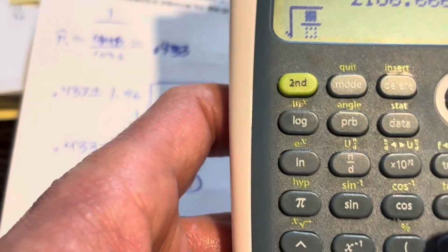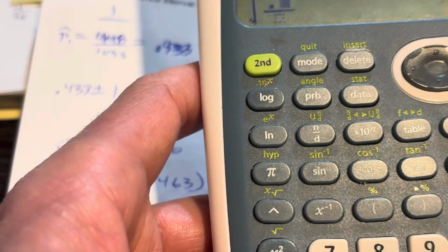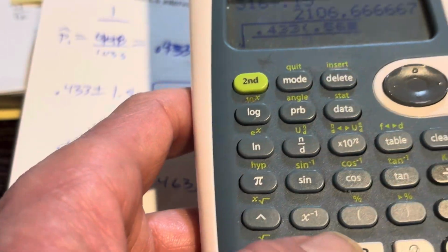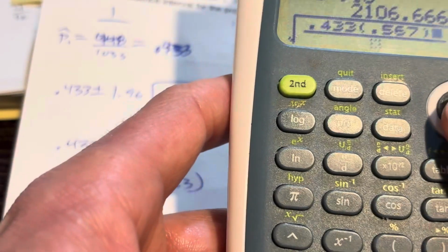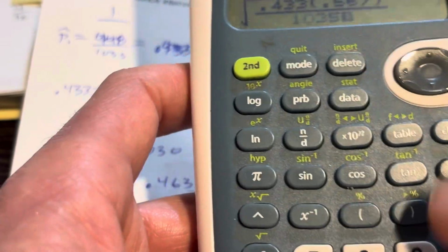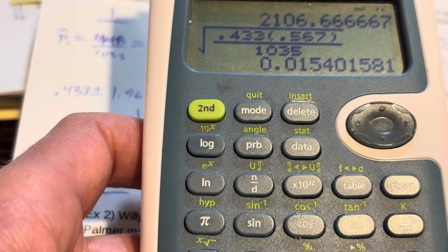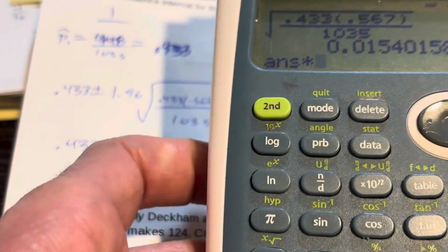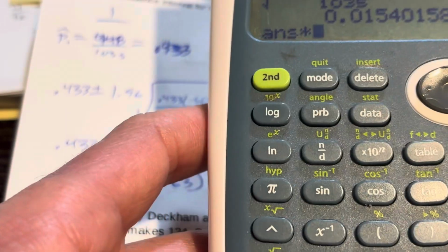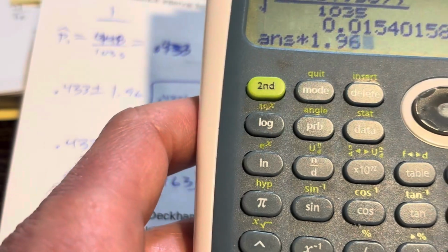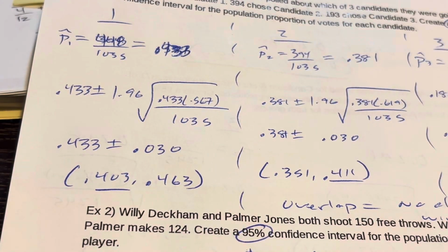I just type it in like this: 0.433, 0.567, down below 1035. Great. Hit enter, and then multiply. An error a lot of kids make is they don't multiply by 1.96 on the outside. Multiply by 1.96, and you get 0.030. Again, that's what you're doing.